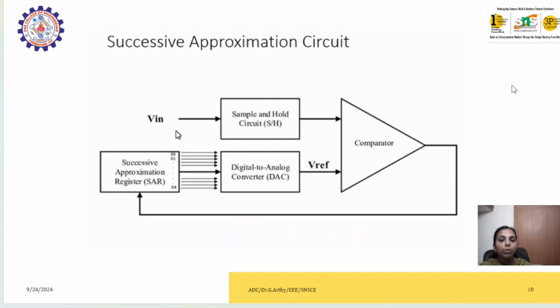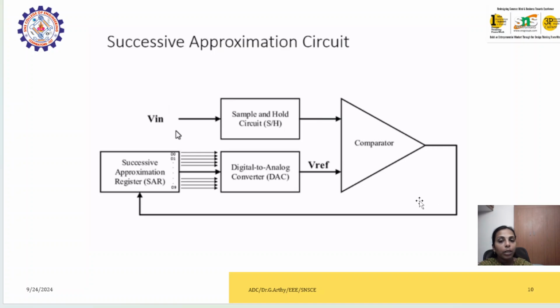Now, many methods are available for analog to digital conversion. One among them is the successive approximation circuit, which is commonly used in many applications. Here we have a successive approximation register, and we give the input signal to a sample and hold circuit. The output is given to a comparator.